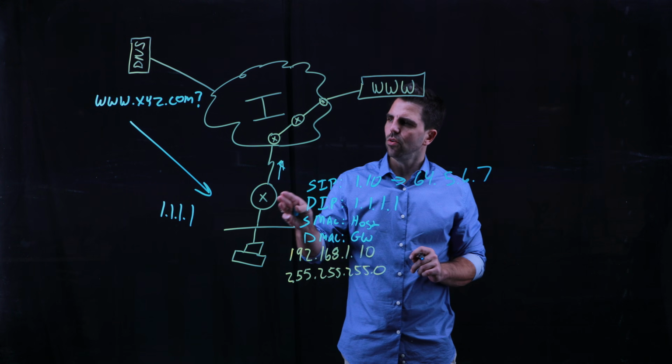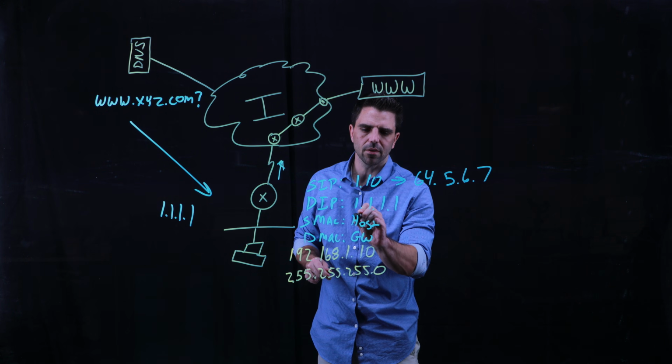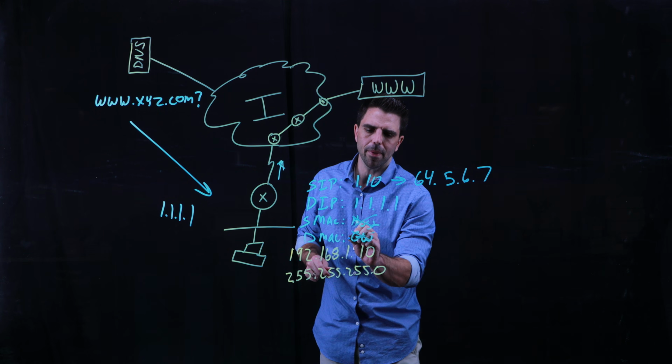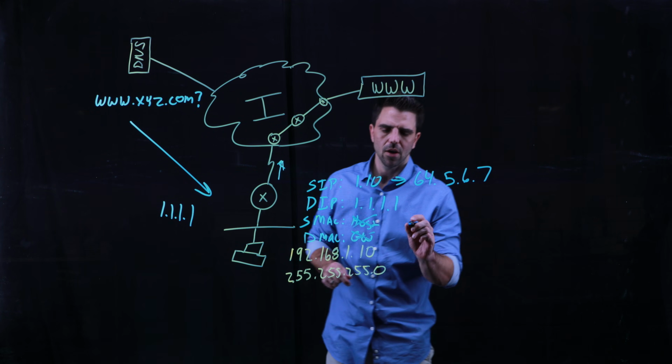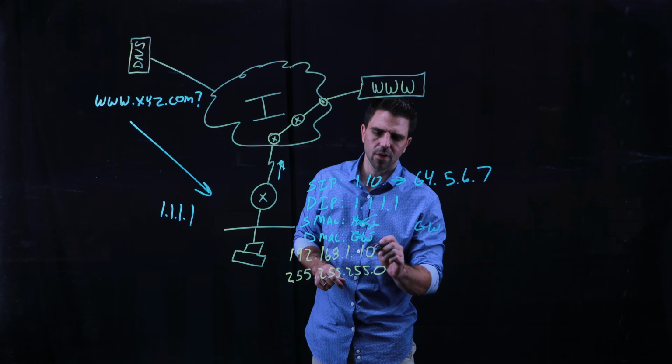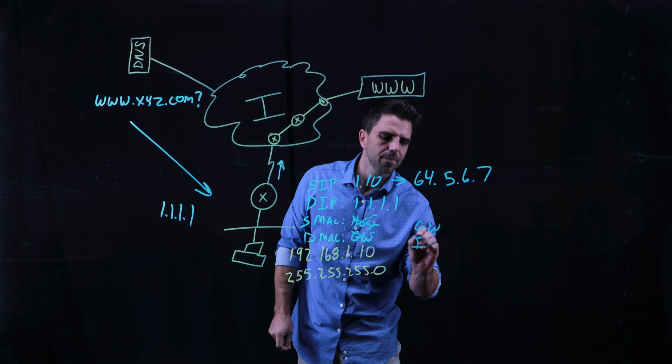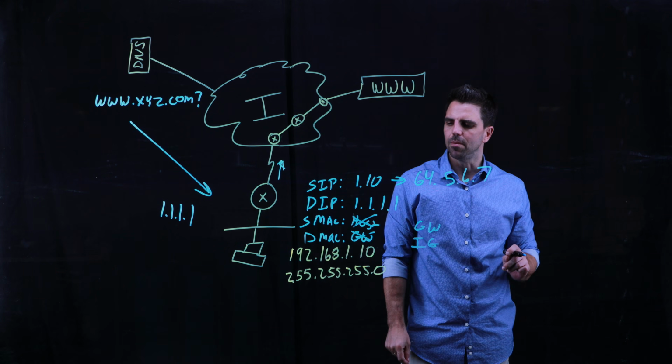The second thing it's going to do is look at its destination MAC address, and it's going to strip these from the packet, and it's going to add the router's gateway as the source, and it's going to add the internet gateway up here, and I'll just say IG, as the destination MAC.